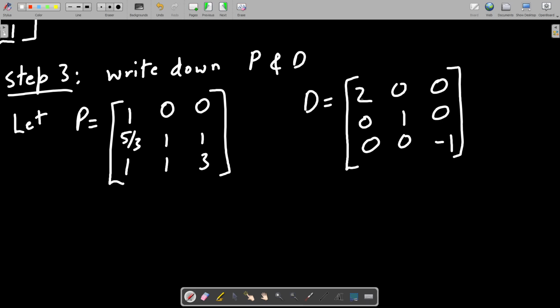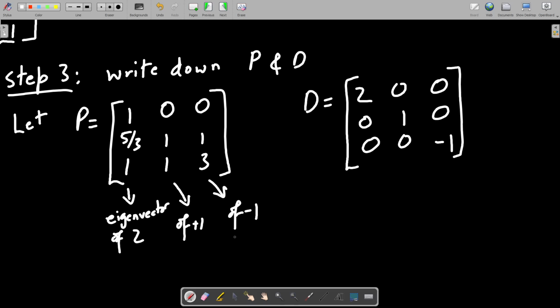So this first eigenvalue here is 2. The first column is the eigenvector of 2. Okay, so this is the eigenvector of 2, this is the eigenvector of plus 1, and this is the eigenvector of minus 1.